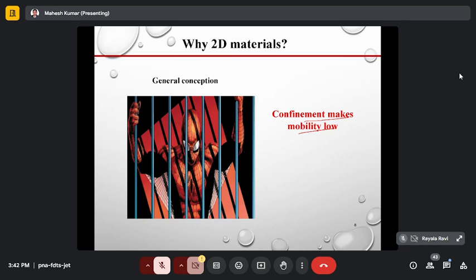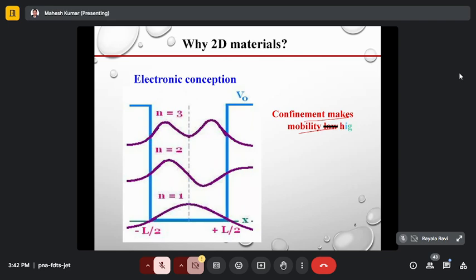But when we go to the nanometer scale where quantum phenomena come in, the electronic concept is totally different. Because of the confinement, the mobility is high. For example, if you take graphene, mobility is extremely high.